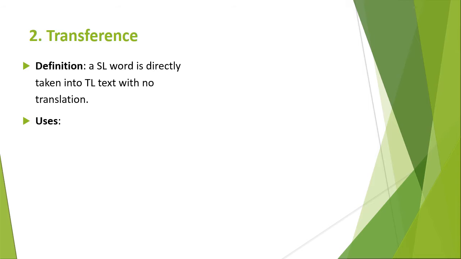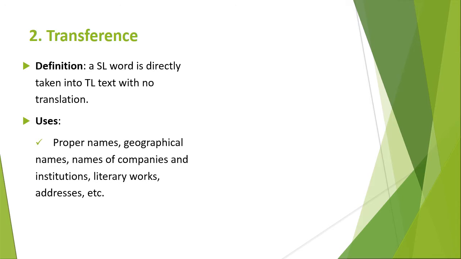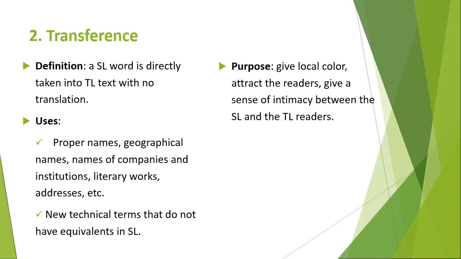We use it when we meet proper names, geographical names, names of companies and institutions, literary words, addresses, and so on, or when we meet new technical terms that do not have equivalents in the target language. The purpose of this type is to give local color, attract the readers, and give a sense of intimacy between the source language and the target language readers.